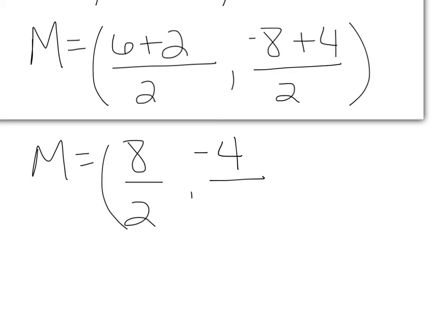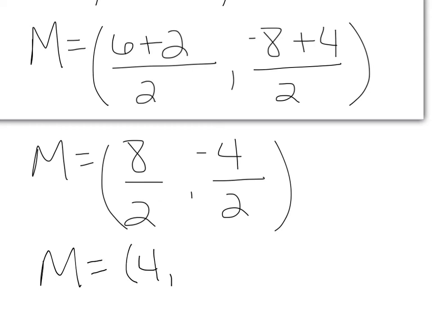Negative 8 plus 4 is negative 4 over 2. Okay, so I'm going to go ahead and reduce or simplify, whatever you want to call it. We know that 8 divided by 2 is 4. And we know that negative 4 divided by 2 is negative 2. So our midpoint is 4, comma, negative 2.